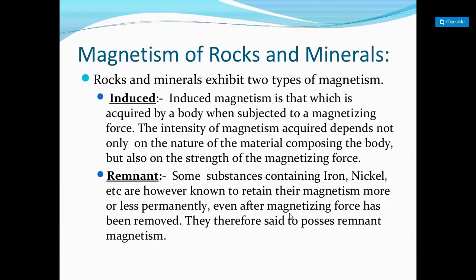Remnant: some substances containing iron, nickel, etc. are known to retain their magnetism more or less permanently even after the magnetizing force has been removed. They are therefore said to possess remnant magnetism.